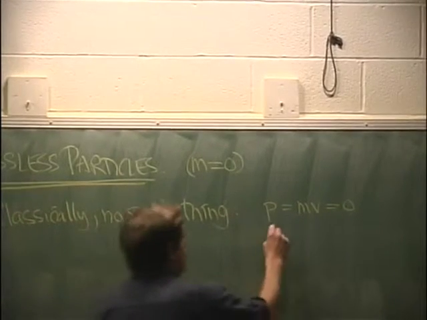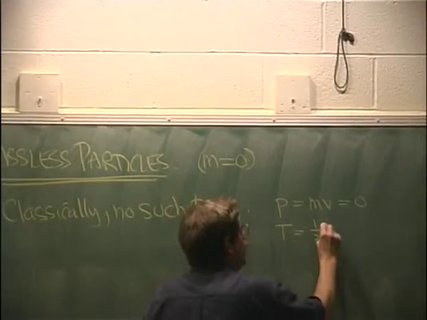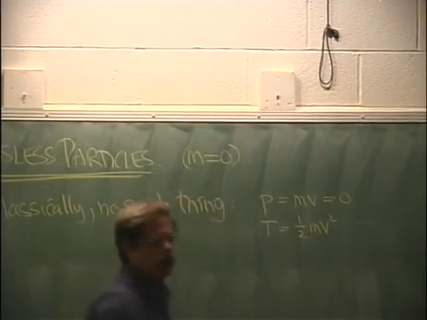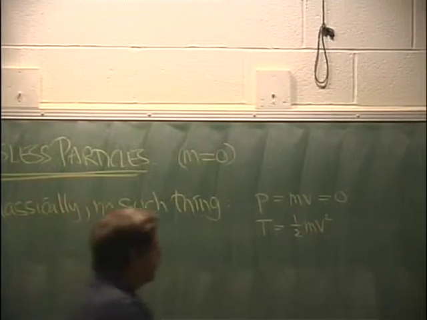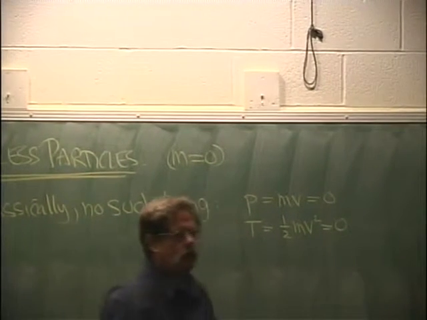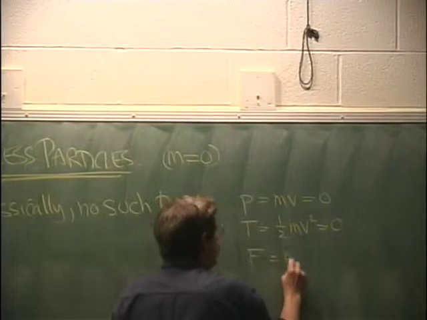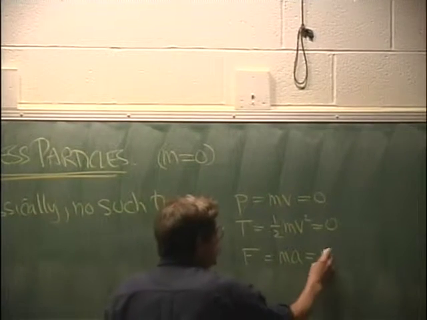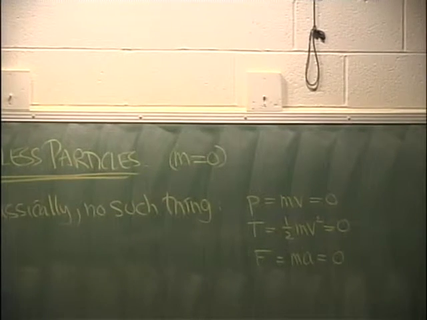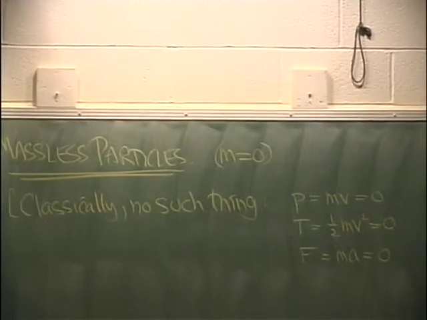What would its kinetic energy be? 1/2 mv squared. If m is 0, it's got no kinetic energy. Well, let's apply a force to it. Nope. F equals ma. If m is 0, F is 0. You can't apply a force to it.